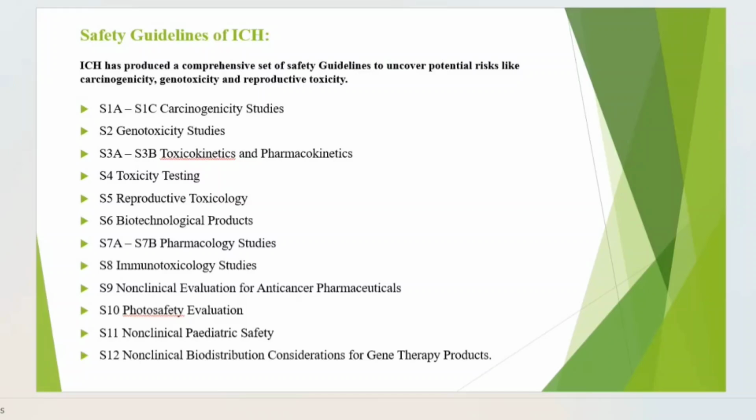This data is taken care of by experts from a medical background. Okay, they will perform the studies and give us ready-made reports that we need to attach in the dossier.